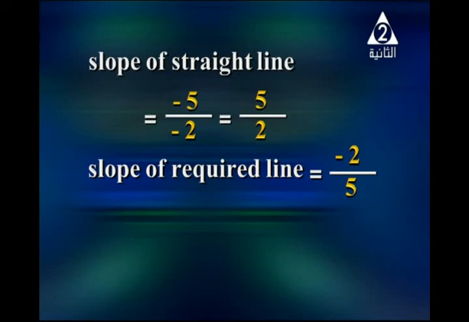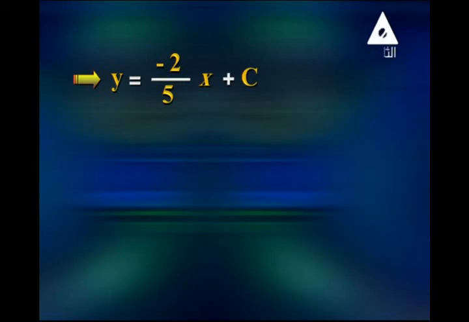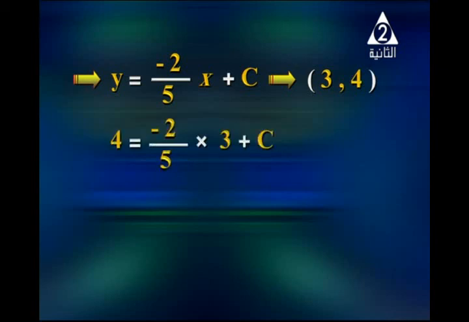Then we can say that y = mx + c. By substituting for the slope as -2/5, we can say that y = -2/5 x + c. By substituting with the point (3, 4), we can find that 4 equals -2/5 times 3 + c.